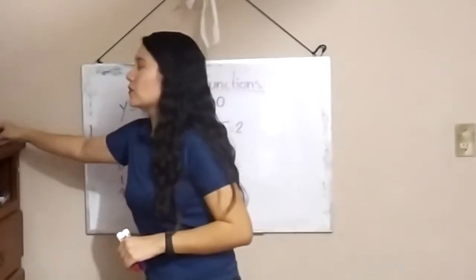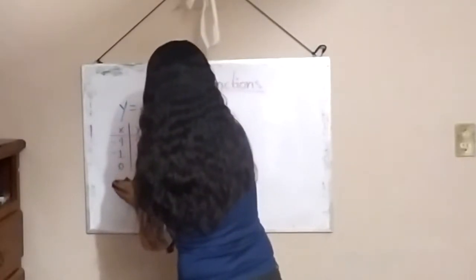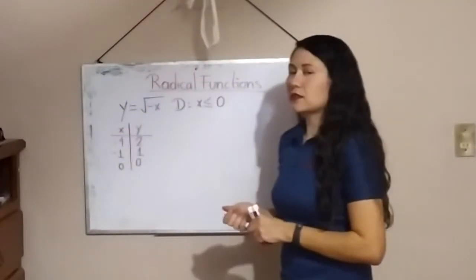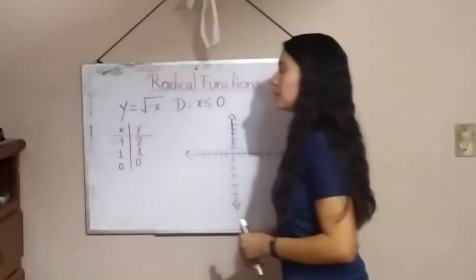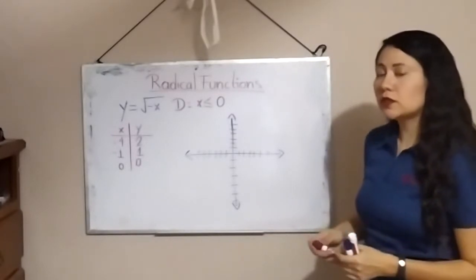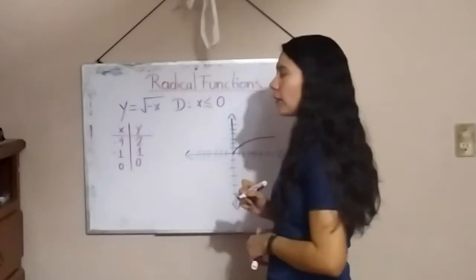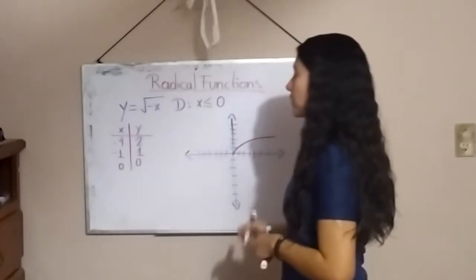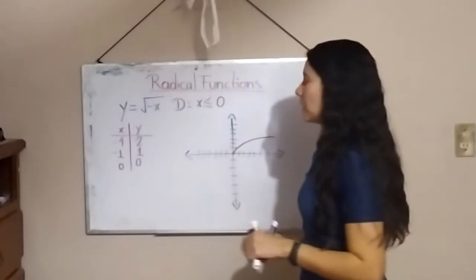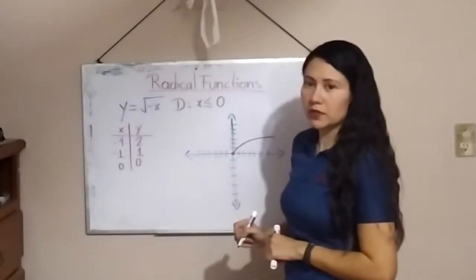Okay, now let's graph it. We have these three coordinates. Let's make our plane. Remember that we graphed y equals the square root of positive x, and the result was a curve. Now let's graph and compare y equals the square root of negative x. We are going to start also in 0, 0.